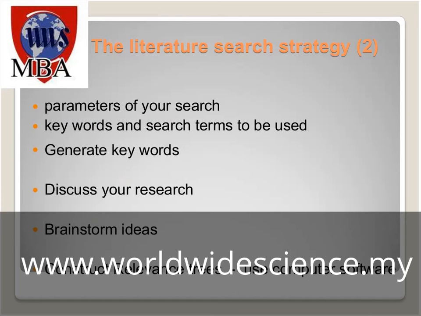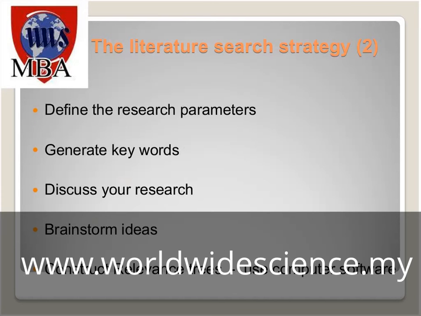Okay, the literature search strategy, it's number 2. Define the research parameters, generate keywords, discuss your research, brainstorm ideas, construct relevance trees, use computer software. When you are doing the literature review, you should follow a procedure yourself. It depends on you.